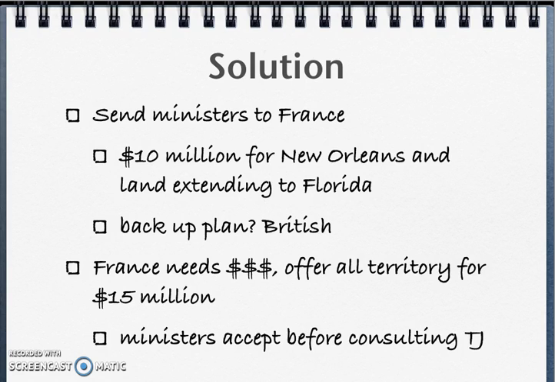So the U.S. envoys, without even really consulting Thomas Jefferson, because that would take too long, it's not like they can just Snapchat one another, they've got to carry messages via ships on the Atlantic, go ahead and accept this offer. So we're going to talk about the problems with that offer as well as foreign policy in our next video.